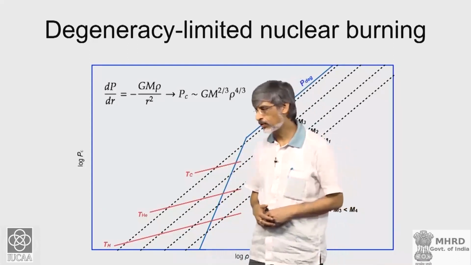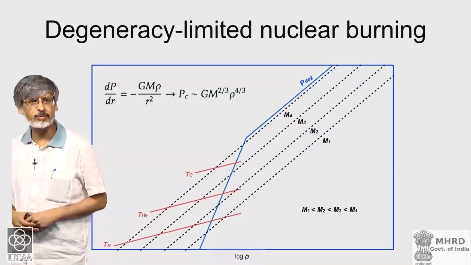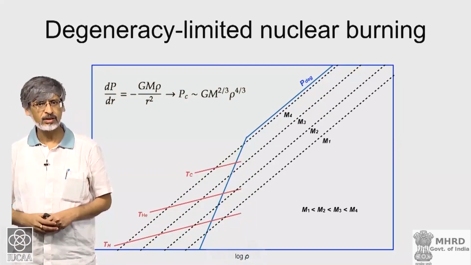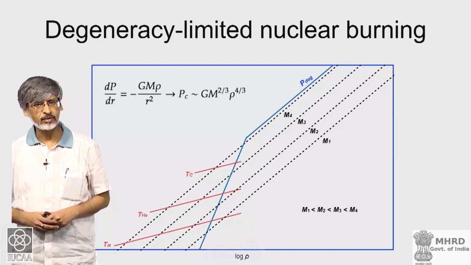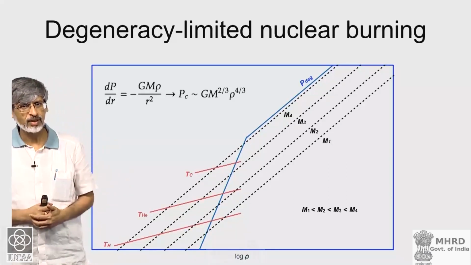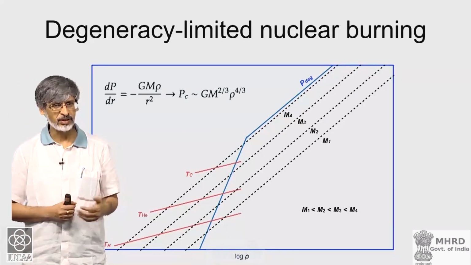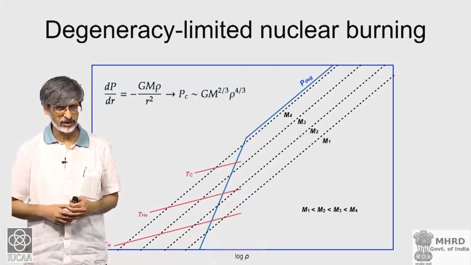As its collapse stops, the rise in temperature will also stop, and therefore, the configuration will be stable there and not get into any further nuclear burning stage.